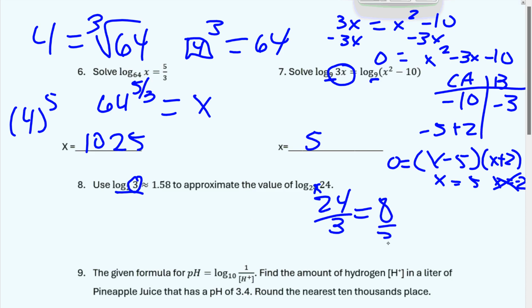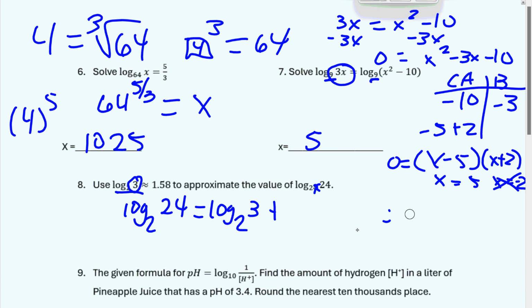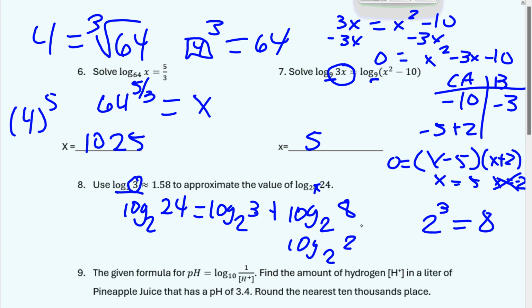So I can rewrite this log base 2 of 24 as log base 2 of 3 plus log base 2 of 8, because I broke down the 24 to 3 times 8. Now I can break down this, because 2 cubed is 8, right? So I can erase this 8 and write 2 cubed.